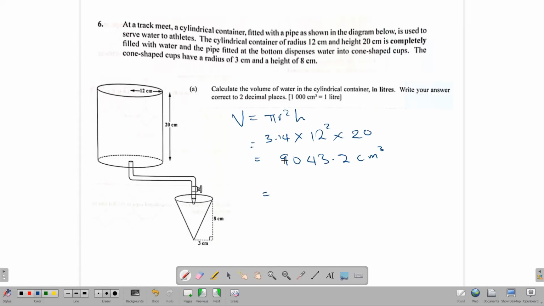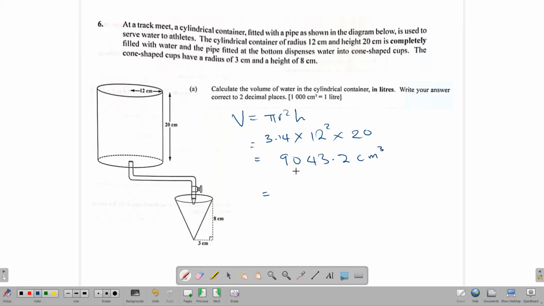Since we have 1,000 centimeter cube to a liter, then this is going to be approximately, writing to 2 decimal places, well, I had it at 1 decimal place. Let me just do that calculation again. 3.14 times 12 square, that's 144, times 20, actually gives us 9,043.2. So that's what it is. And then we're going to write that to 2 decimal places.